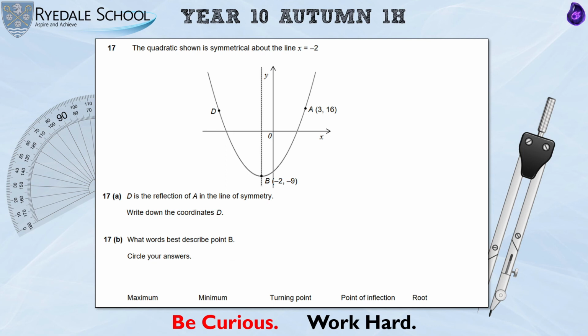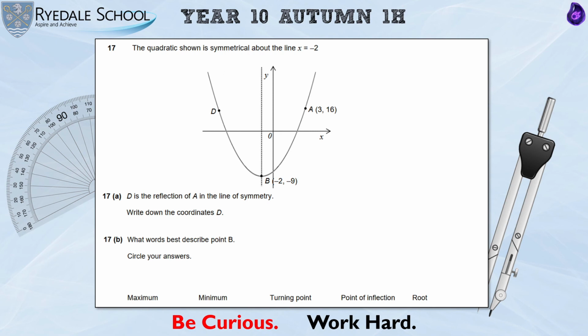So the quadratic shown is symmetrical about the line x equals -2, and that is super important. D is the reflection of A in the line of symmetry.